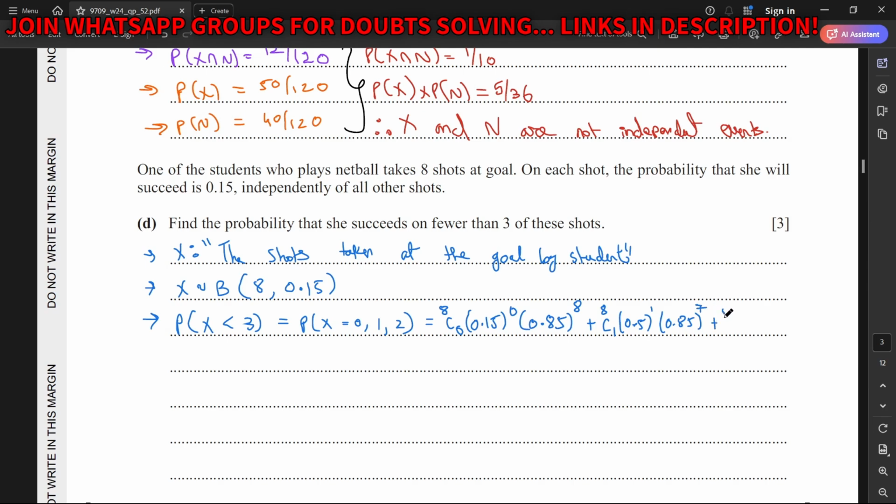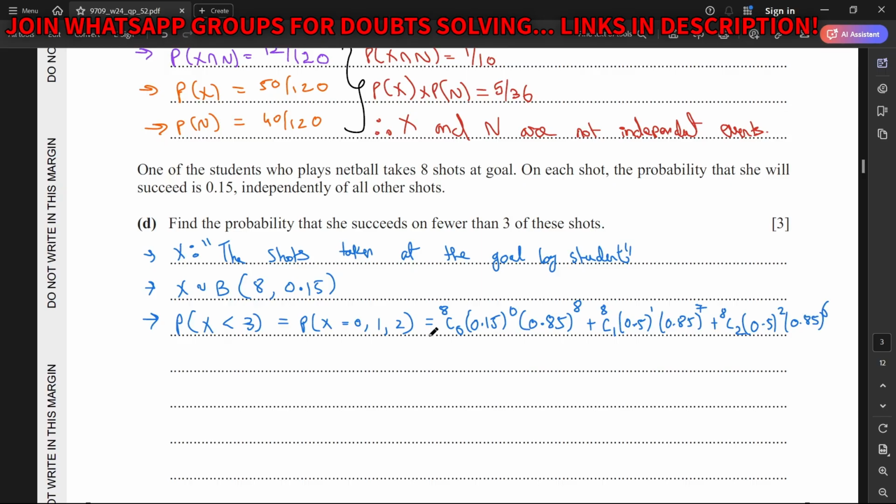And lastly, 8C2 into 0.15 to the power of 2 and 0.85 to the power of 6. So one power increases and the other power decreases.